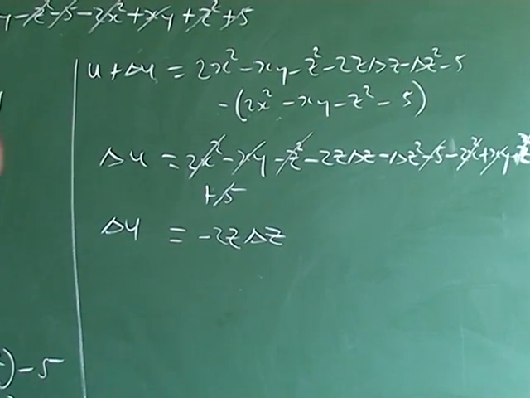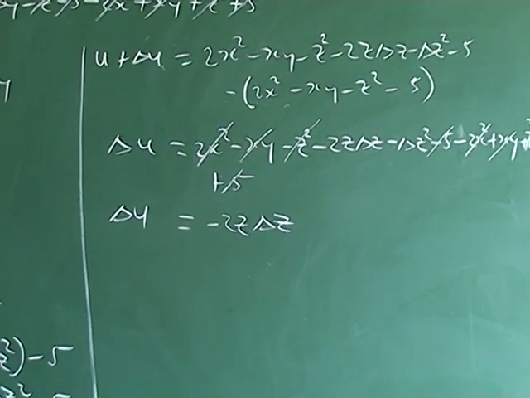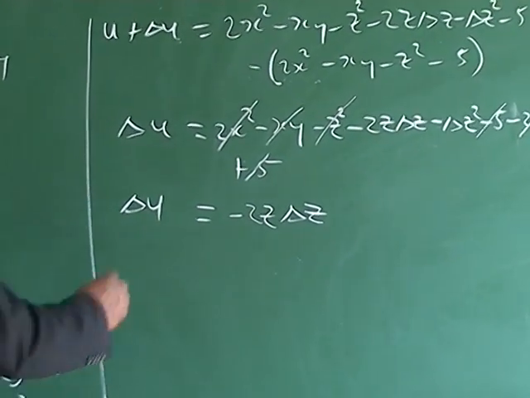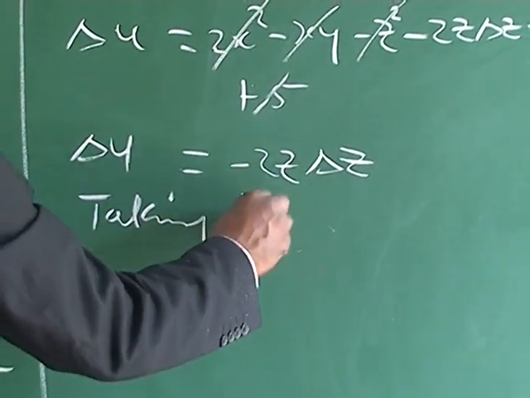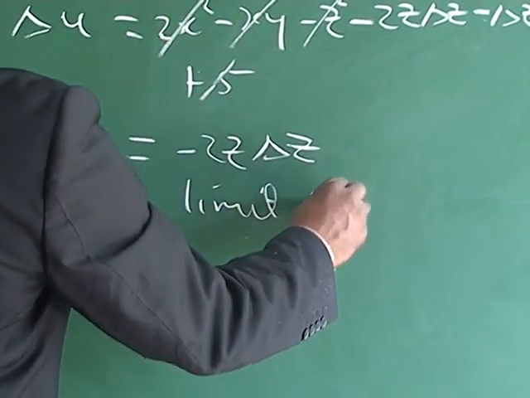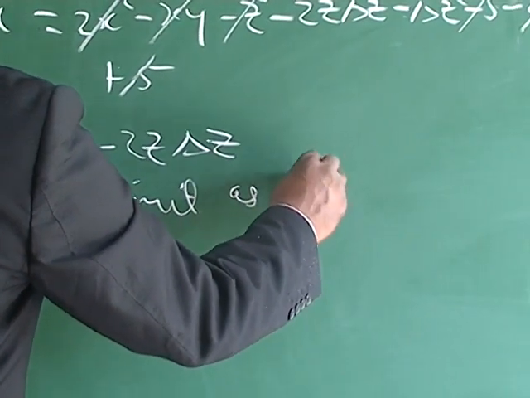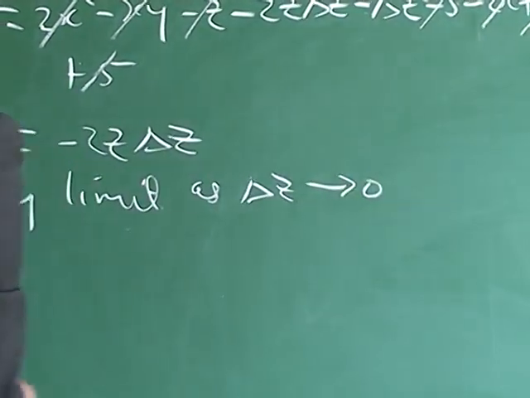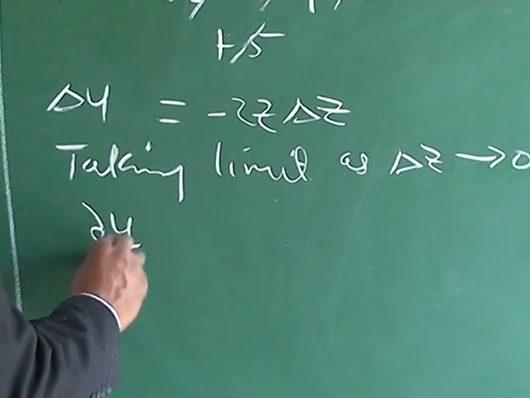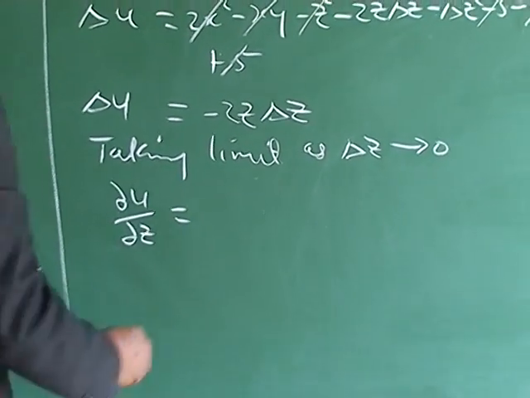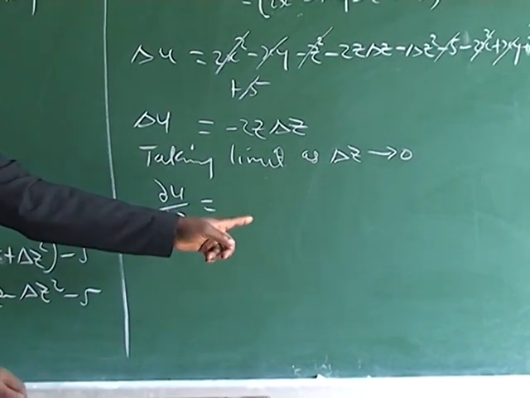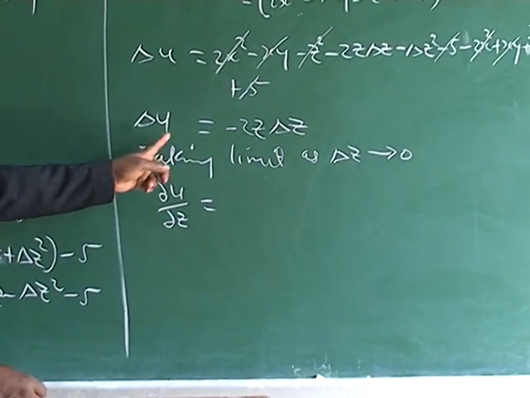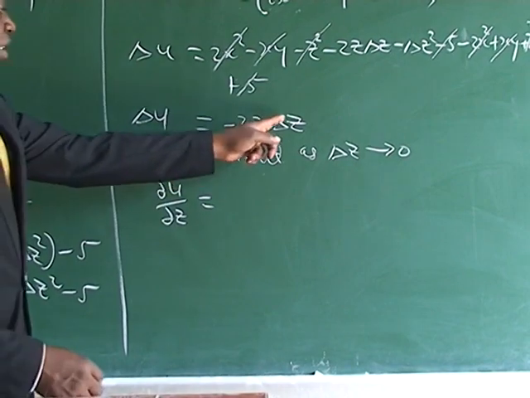So taking the limits as change in z approaches 0, we have partial u, partial z. You see, we are going to divide first. If you divide through before you take the limit, then this will go.